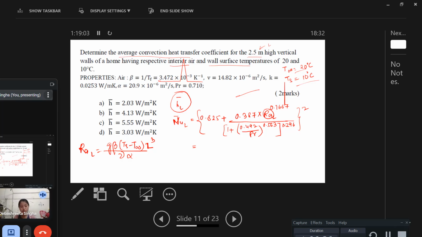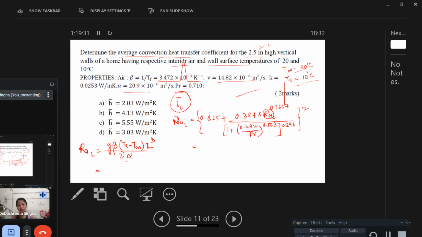You can write T infinite minus Ts also, it's just the temperature difference. And nu is given as 14.82 into 10 to the power minus 6 meters square per second, and alpha is given as 20.9 into 10 to the power minus 6 meters square per second.